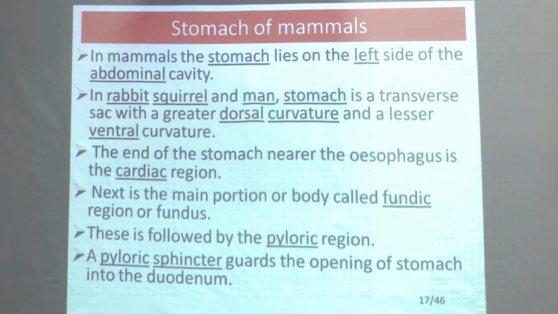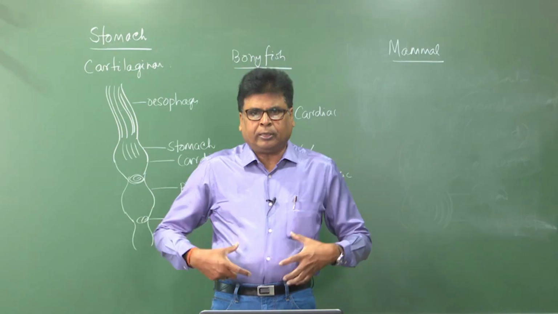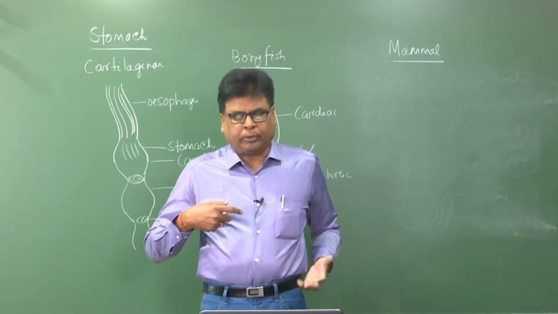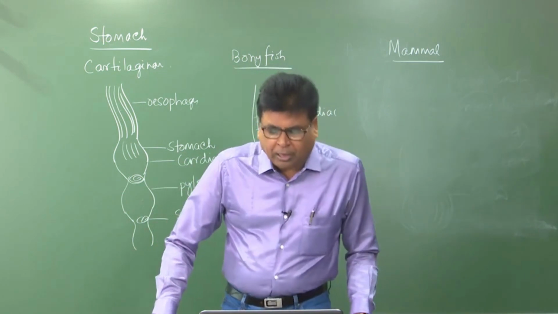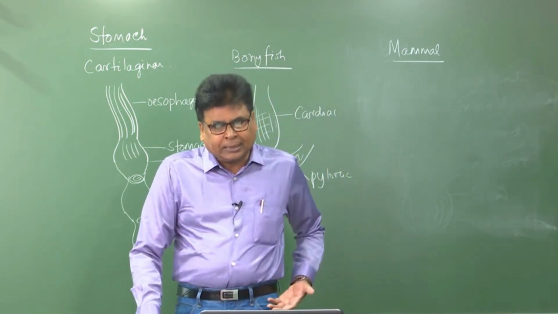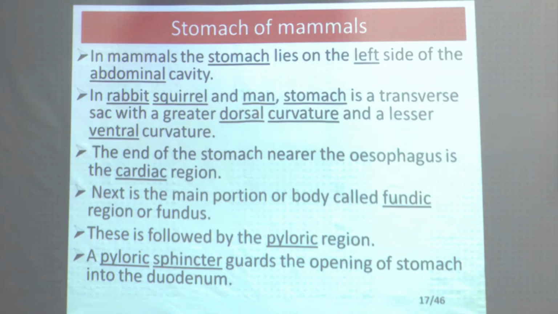For example, I am standing here, this is my abdominal cavity, this is my thoracic cavity, and the stomach always lies on the left side. It is present in the abdominal cavity, and I am taking the example of the rabbit.